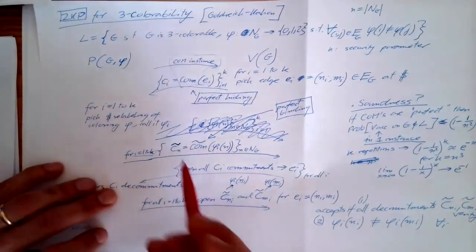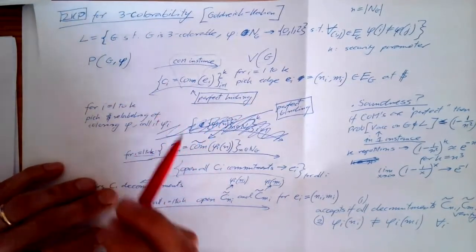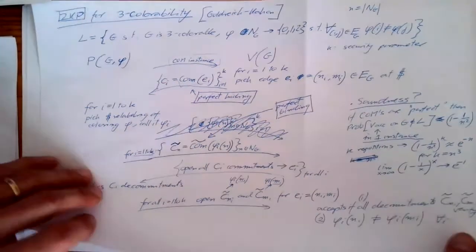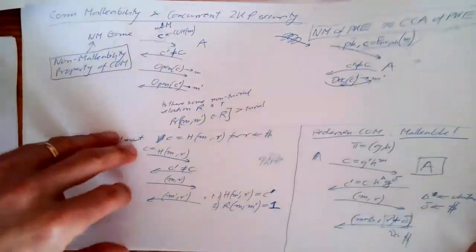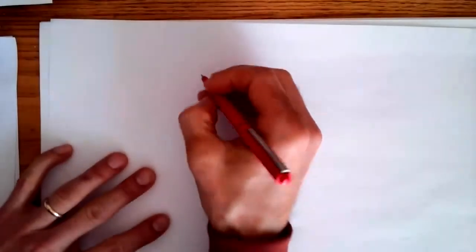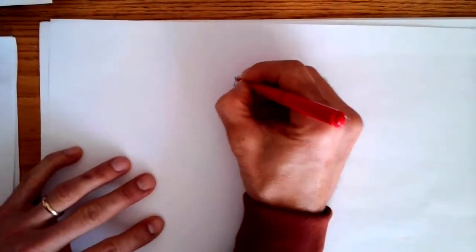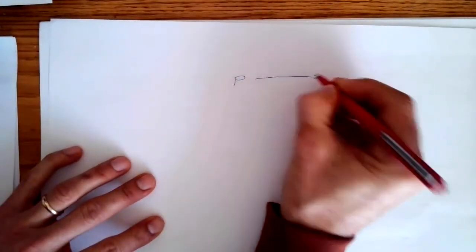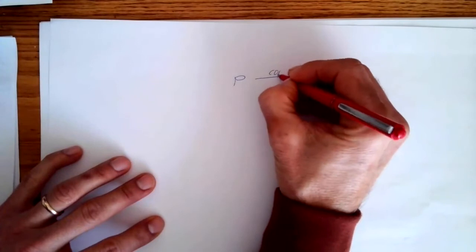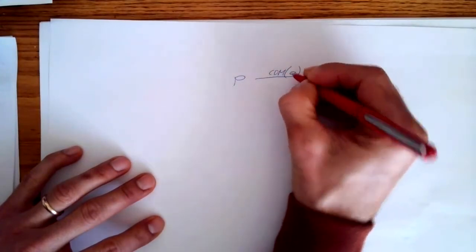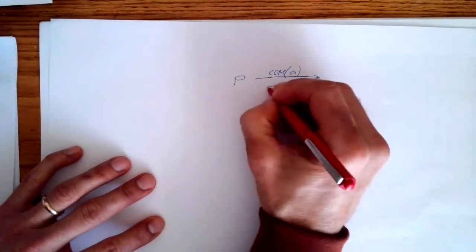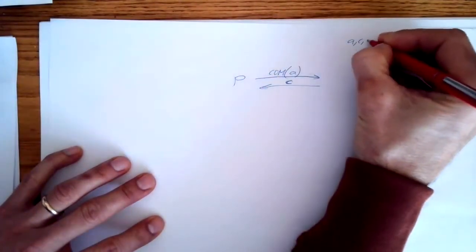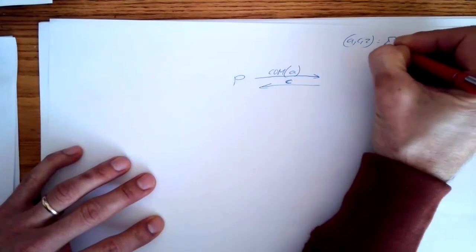So these were even two independent commitment schemes, not just instances. But let's say that you use the commitment to commit to first messages in a Sigma protocol.